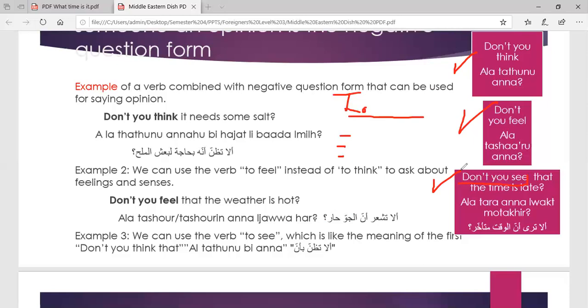And if I put, for example, the difference between ma and mada, like ma is used for nouns and mada is used for verbs, for example. Exactly. And the use for each question marker. And also the negative question forms, if I put, for example, a sentence, you have to know what should we use, don't you think or don't you feel? And by the way, for example, the dialogue at the end, I ask a question or I say something. What do we answer in this way?